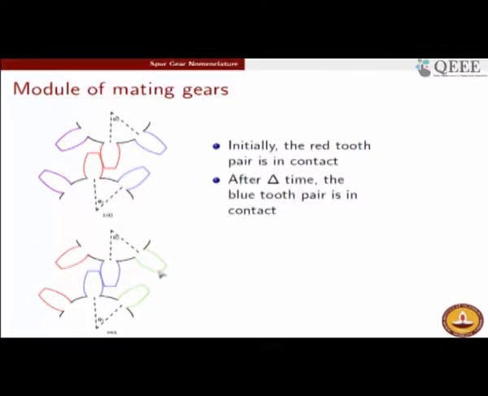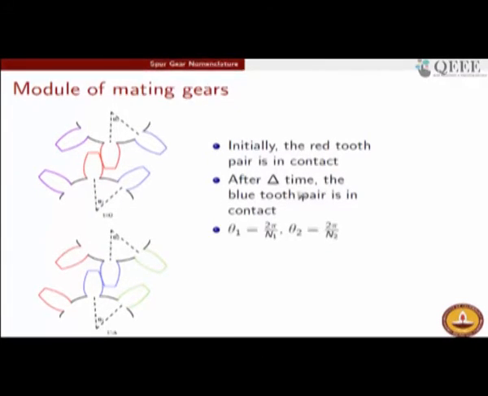And what follows is a green tooth which will eventually take the position of this blue tooth in the next time instant, which is not shown, because this is enough for our analysis. So, what we realize is that after a certain lapse of time, it is a succeeding tooth which will take the position of the teeth which are presently in contact.